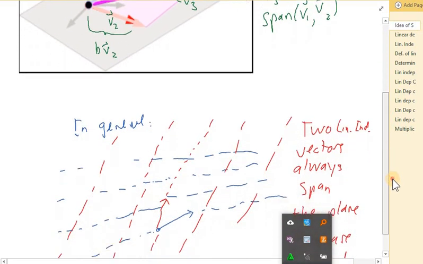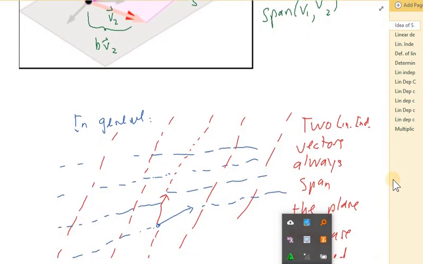It's not quite drawn to scale, but let's say the reds are all parallel to V1, and the blues are all parallel to V2. And you can see that with this arrangement, if this is my origin here, I can get anywhere from the origin. If I want to go here, I can follow this vector for this distance, and then up here along the other direction.